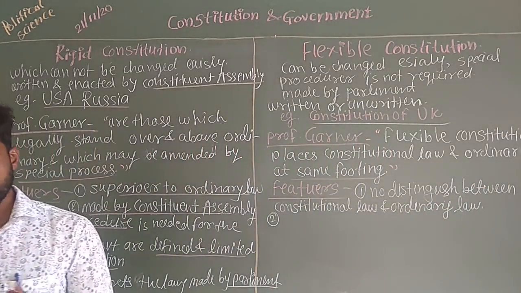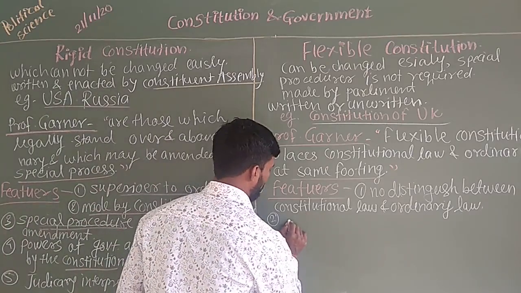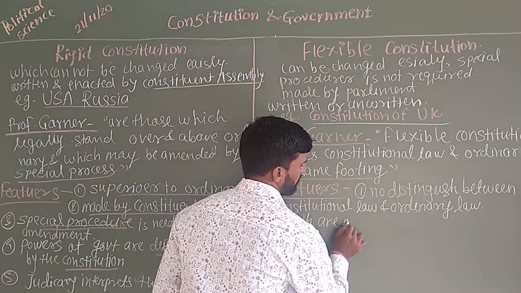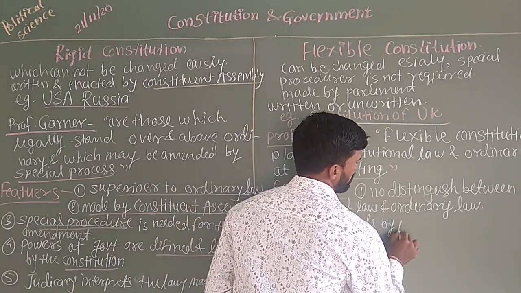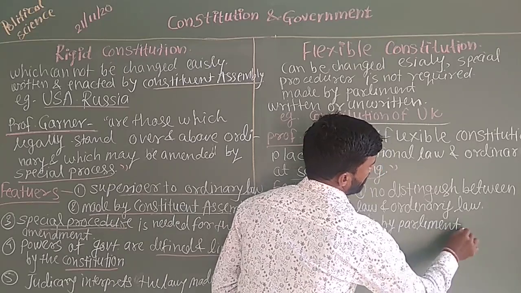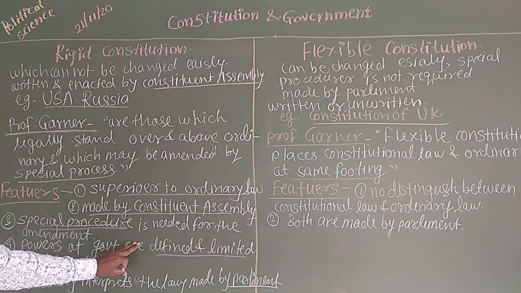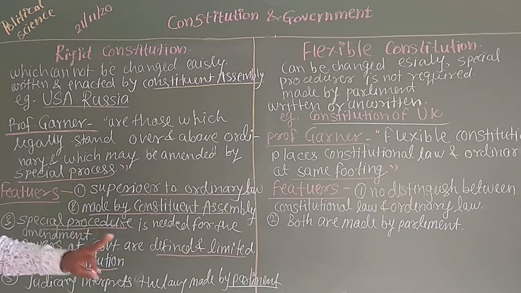Second, constitutional law and ordinary law are both made by the parliament. Here you can see constitutional law is made by the Constituent Assembly, whereas ordinary law is made by the Parliament.